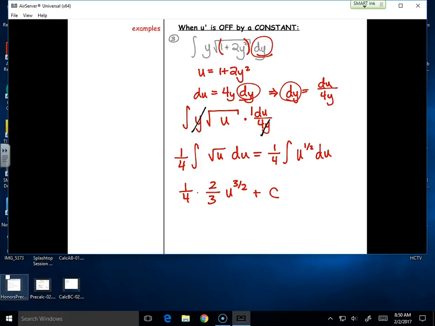Plus c. We can end up reducing the fraction just a little bit. 1/6 (1 plus 2y squared) to the 3/2 plus c.